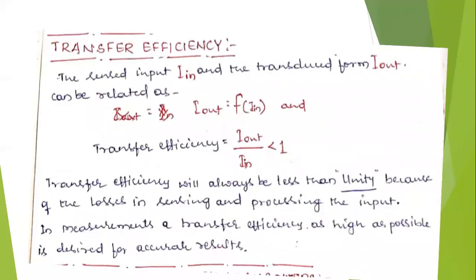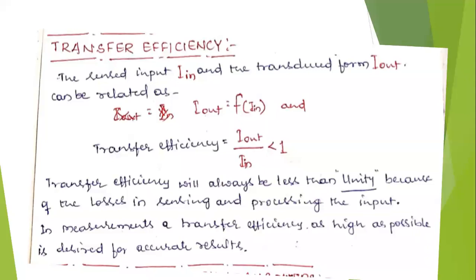Then next, coming to the point, the transfer efficiency. This is very, very important for all mechanical engineers. For any system, you don't have 100% efficiency. Can you get 100% efficiency in any machine tool, any engine, any component, or any measuring instrument?